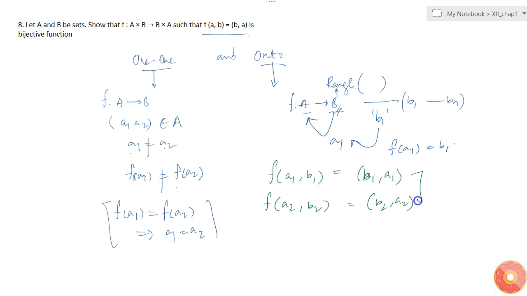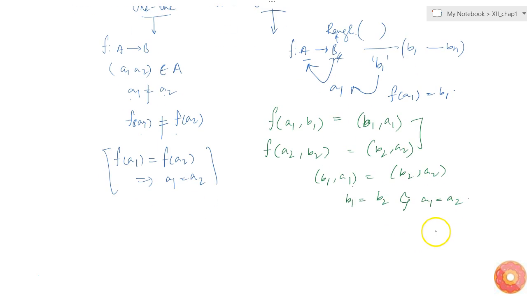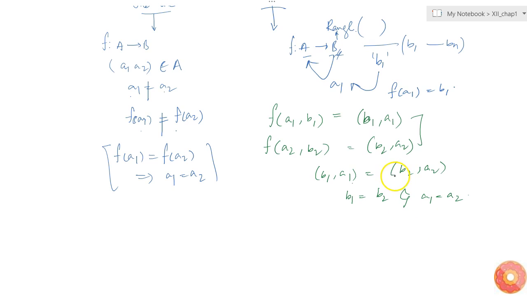Let's say these both are the same. These both are the same only when b1 is equal to b2 and a1 is equal to a2. So as long as the function implies that the inputs are the same, we know that the function is one-one in nature. So the given function is one-one.